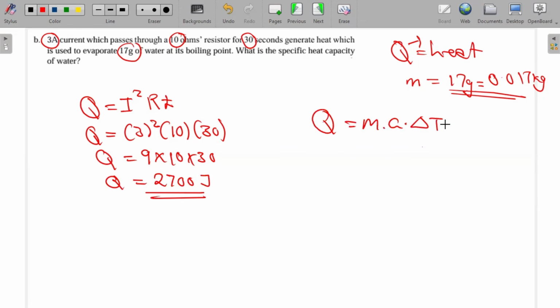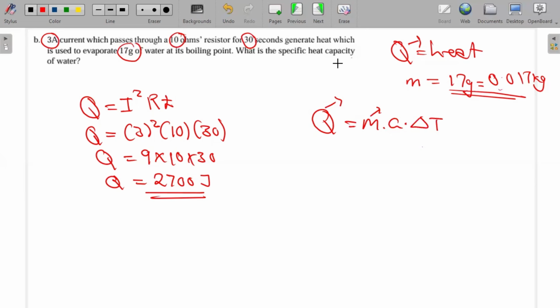This is the formula that we use to calculate the amount of heat that is absorbed or released, depending on whether the substance is cooling or heating up. Okay, so from this, we have calculated the heat energy. We know the mass, it has been given in the question.